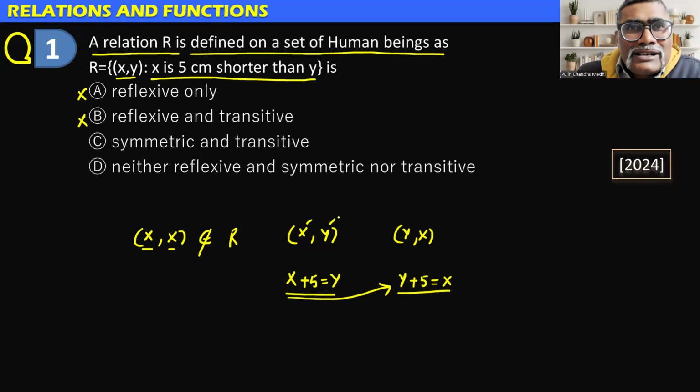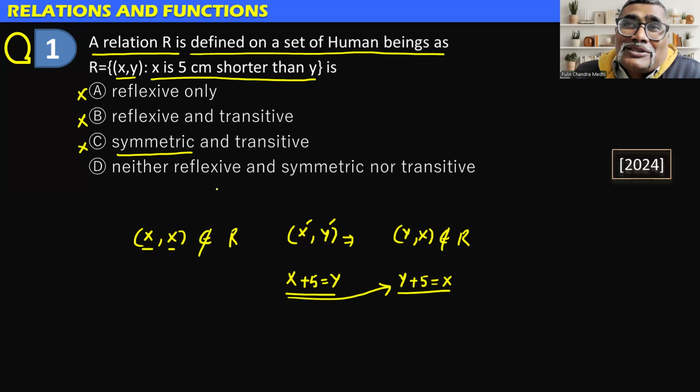Or a simple logic can be applied. If x is shorter than y, how can y be shorter than x? So this cannot be in R. That means it is not symmetric as well. So here they are talking about the symmetric, and it is also not there.